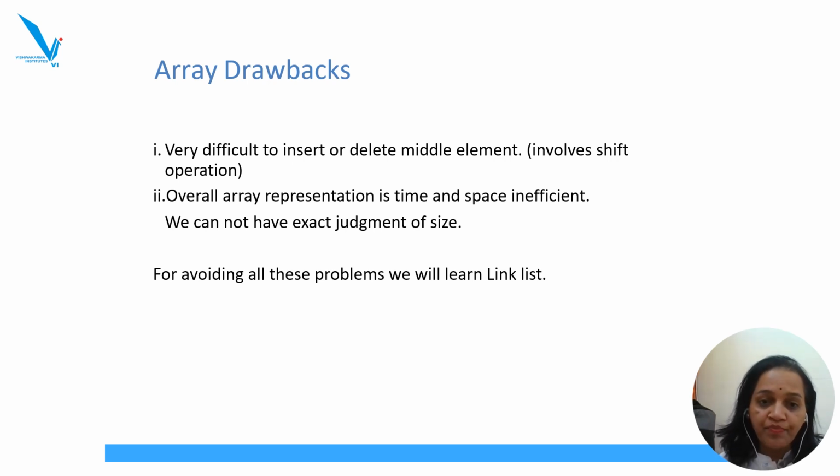The very first is that it is very difficult to insert or delete a middle element. It involves a lot of shift operations. Suppose we have an array of 10 elements, as we just declared, and I want to insert one element at the third position.